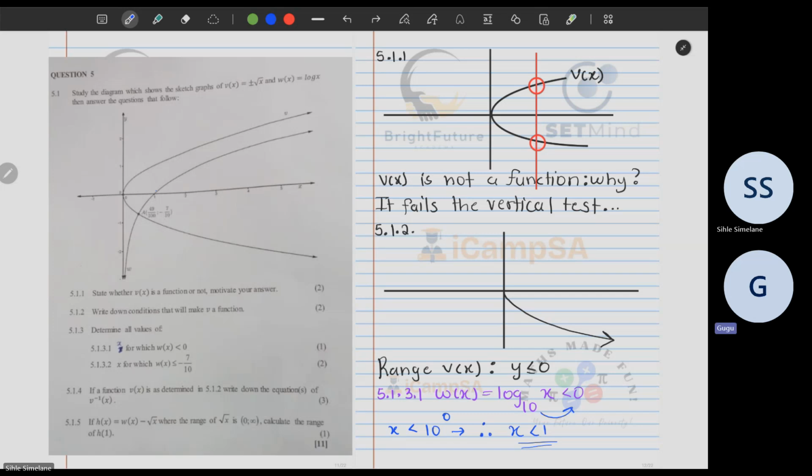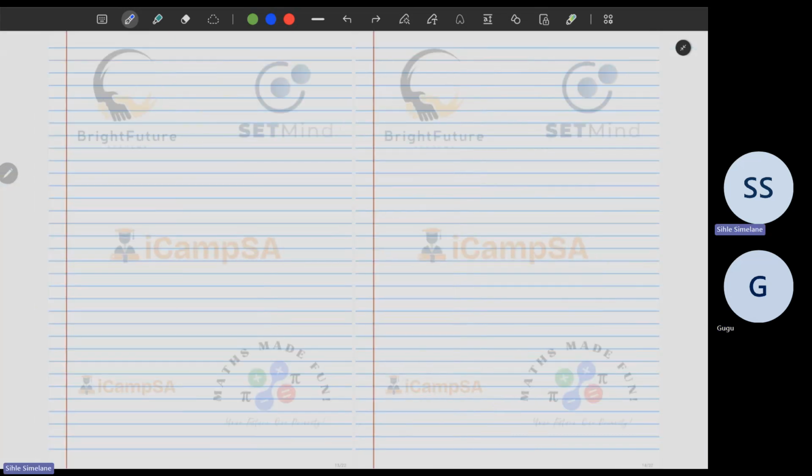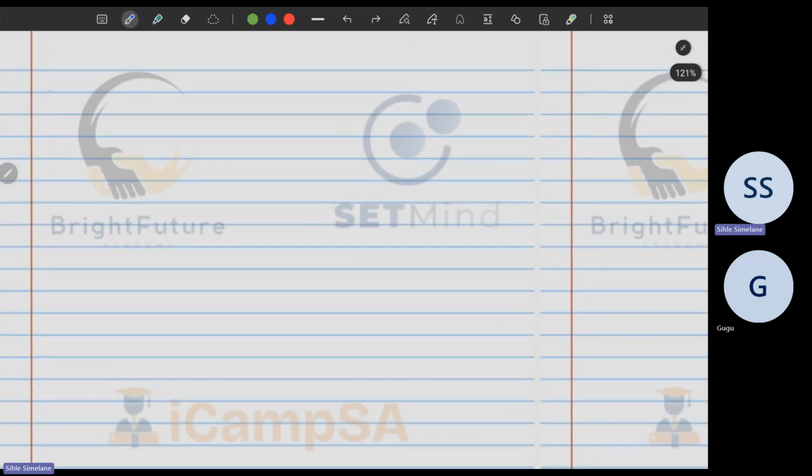Which part do you not understand? I'm still confused about the 10 part, but okay. Please re-explain what you just said. Okay. So what I said to you was that if you are given a log, so let's say you have log of x, and there's nothing here.